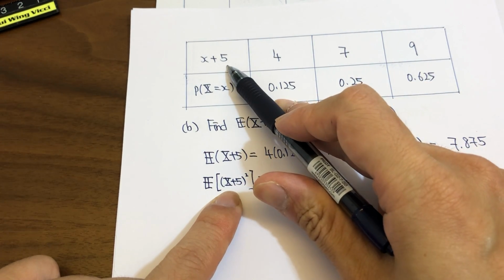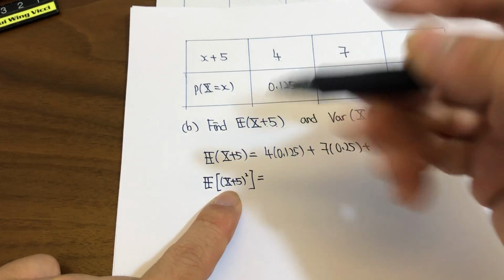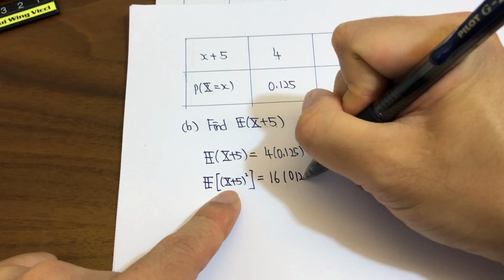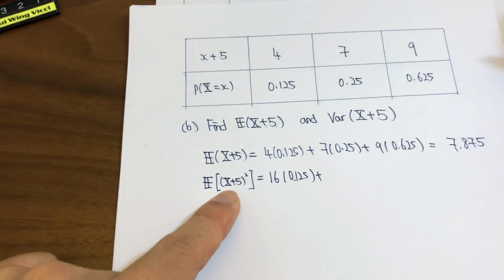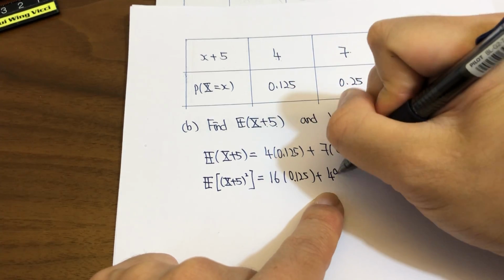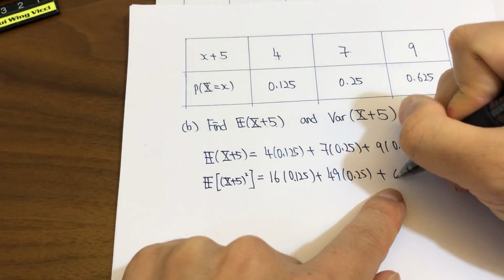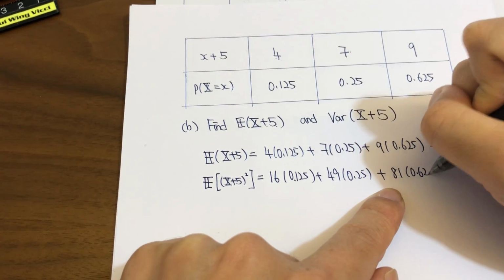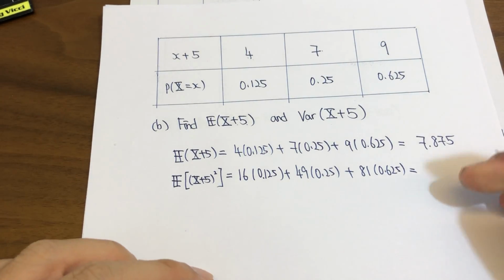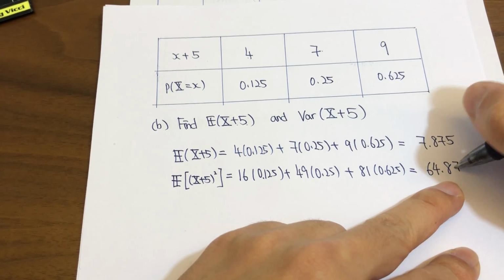When x plus 5 is 4, (x plus 5) squared is 16. So first of all, we have 16 times the corresponding probability. And then the square of 7 is 49. The square of 9 is 81. So it becomes 64.875.